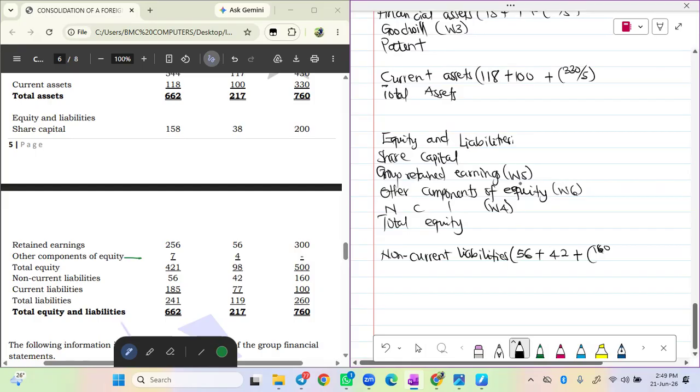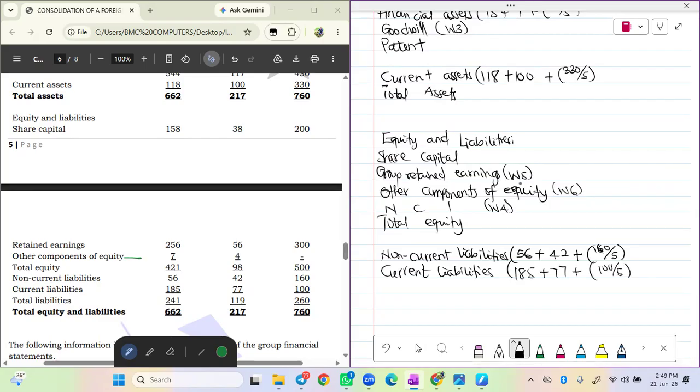So this one will be retranslated using the closing rate. Current liabilities. That one is 185 plus 77 plus 100 divided by 5. All right.